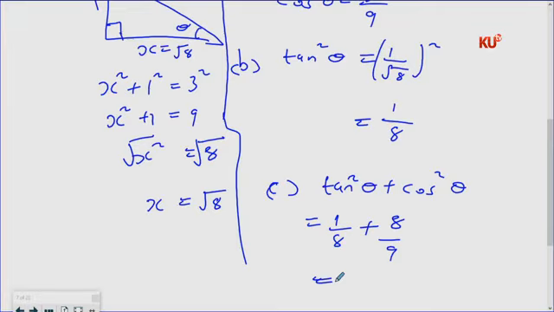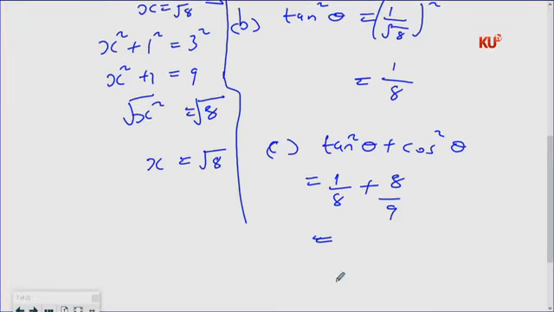Yes, Lana, what are you getting? I'm waiting for my good student here to get me the answer. So I'll get 73 over 72. And that is my answer for this particular question. So that is the end of that particular example.